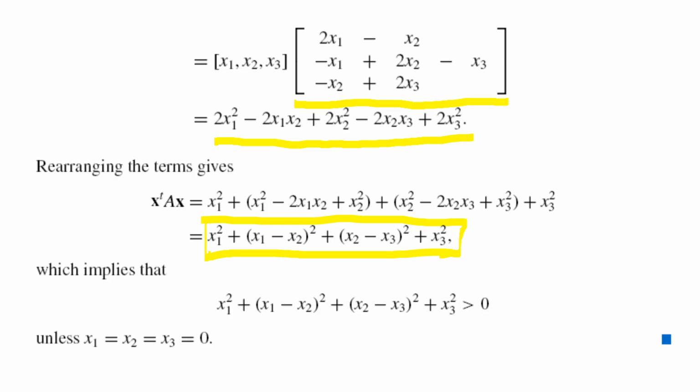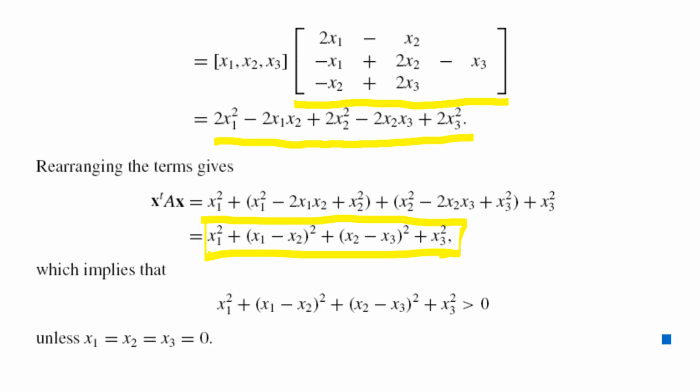Now x1 squared is one term which is definitely positive because x1 has its square, and this term is also positive. This term is also positive. Similarly, this term is also positive, and the sum of all the positive terms is always positive.